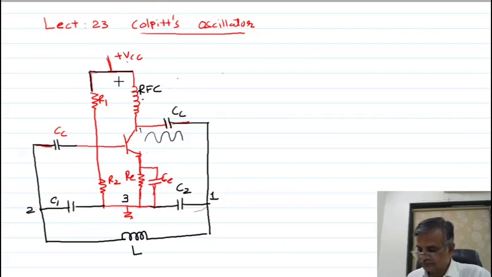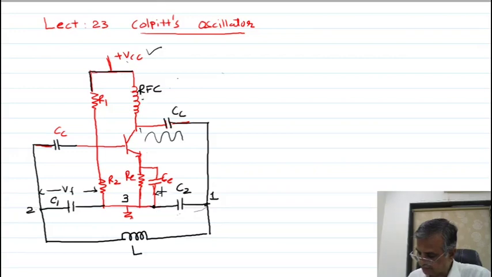Now, as you switch on the power supply, some oscillating current is produced in the tank circuit due to transient current. So voltage is developed across C2 and voltage is developed across C1. This is your feedback voltage, and this is your output voltage.